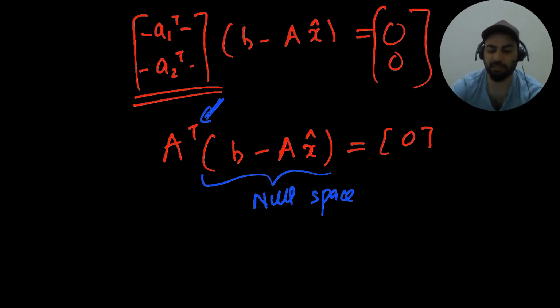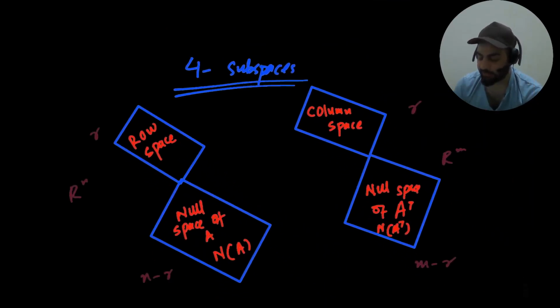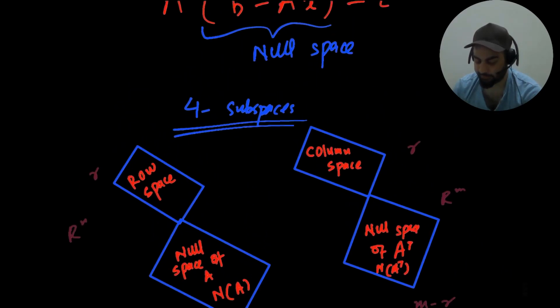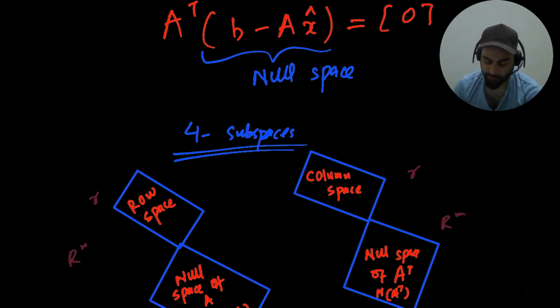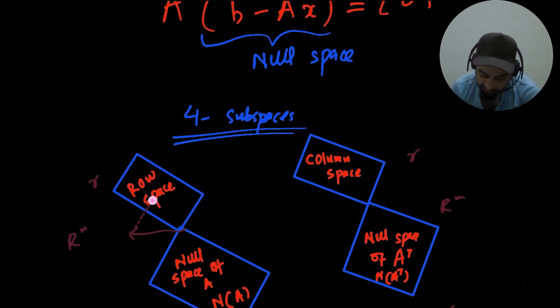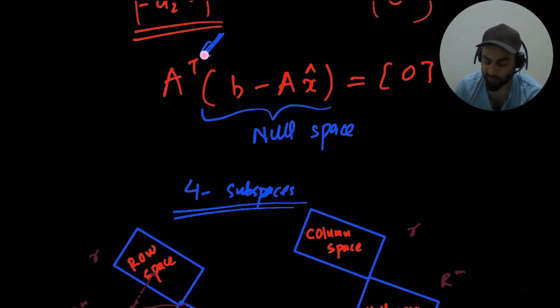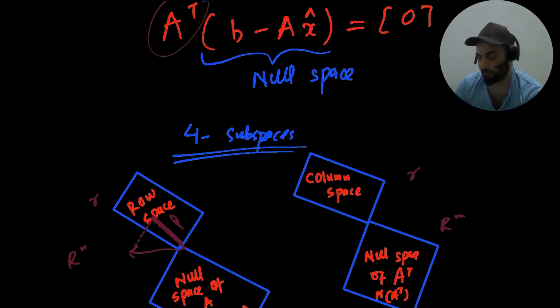What is the meaning of that? If you again see those pictures, this is really important. This is a really crucial portion of this. We had A transpose, basically the row space. Let's suppose some vector B is there over here. We are projecting onto the row space, because A transpose now is the row space. So the projection of this vector is P. This is the portion of the vector.